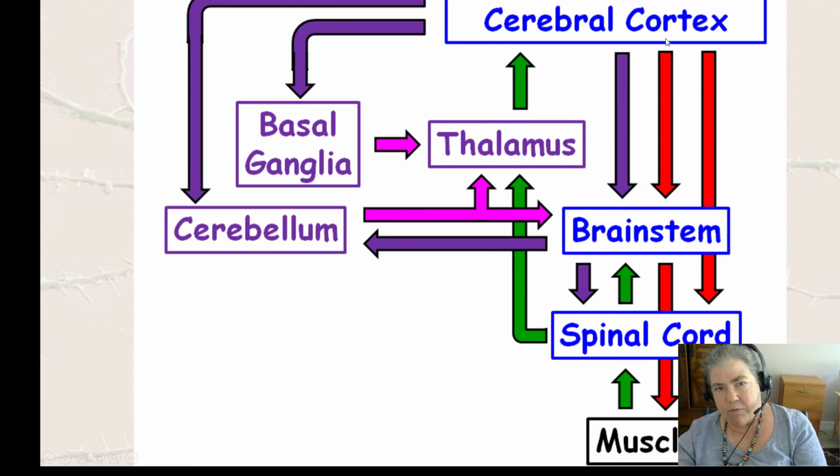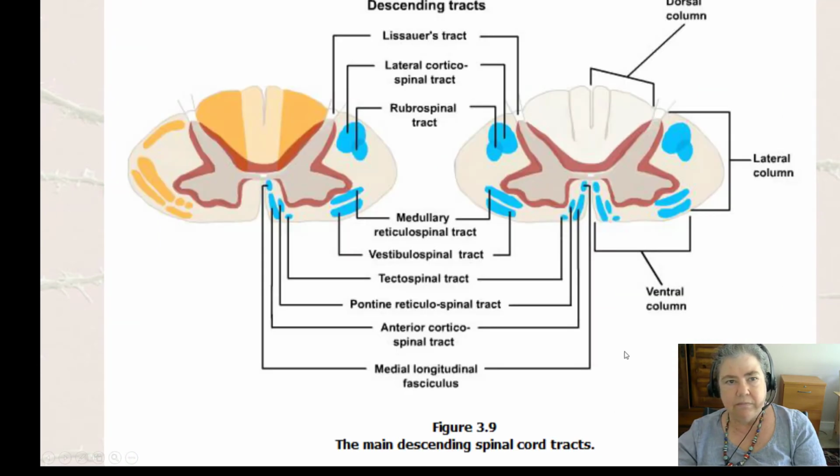And just as we were looking at the ascending tracts, and you don't have to memorize these, you may later, but you don't now, there are a large number of descending tracts, most of which are in the lateral and anterior columns. So the white matter on the outside of the spinal cord is bundled into tracts that include the corticospinal tracts.